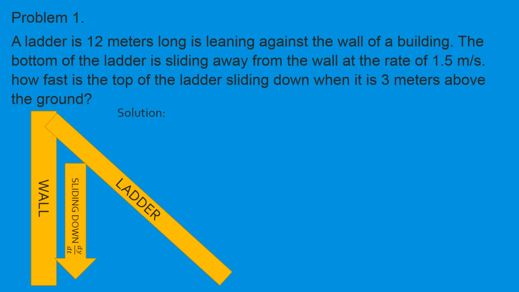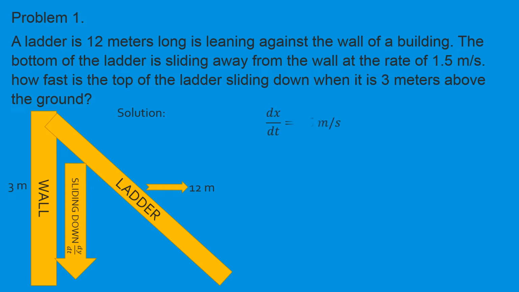That is what is being asked in the problem, dy over dt, because we are finding the change in distance with respect to time when the ladder slides down. Also, the ladder is 12 meters long. Another quantity given is that the height of the ladder is now 3 meters from the ground.